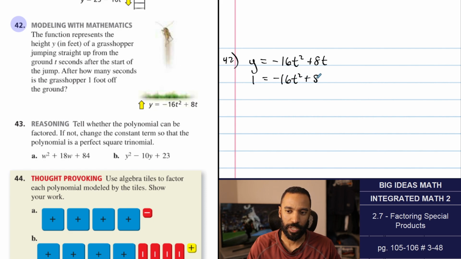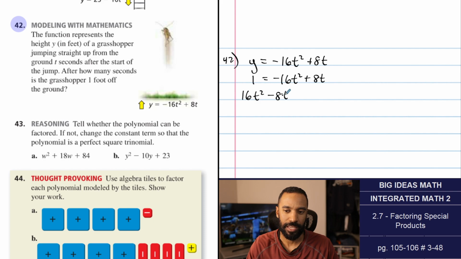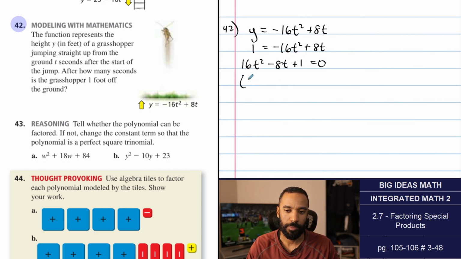We're not going to solve using a common factor. And because it's not a difference of 2 squares this time, it's really important you do make this thing positive. So I'm going to add this over, subtract 8 over, and get 16t squared minus 8t plus 1 equals 0. This is a perfect square trinomial where 4t is being squared here, 1 is being squared there, and we're subtracting 4t, doubling 4t times 1.